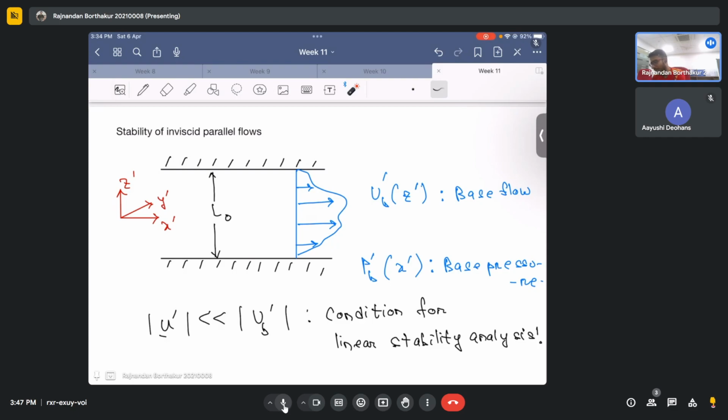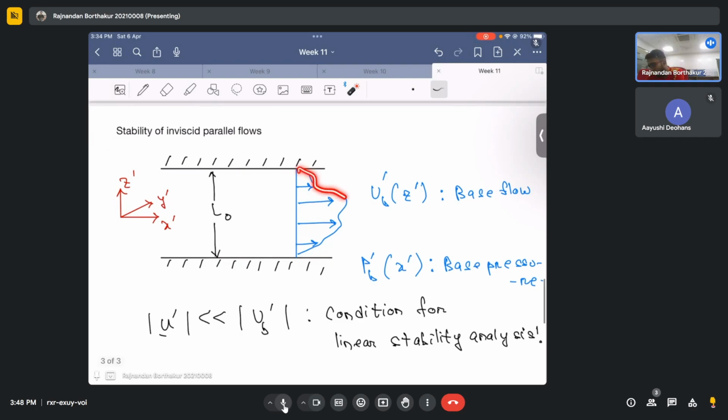So I was telling the definition of a base flow. If we are trying to understand the stability of inviscid parallel flows, we can assume that the base flow is generated by a flow through two parallel plates, or, in a cylindrical geometry, the flow through a pipe.